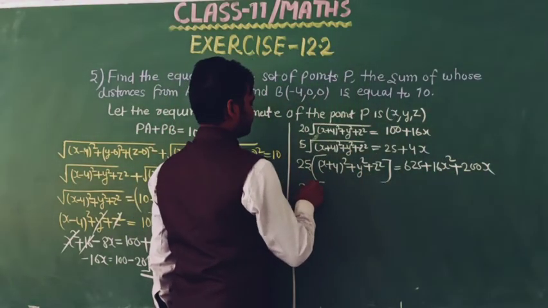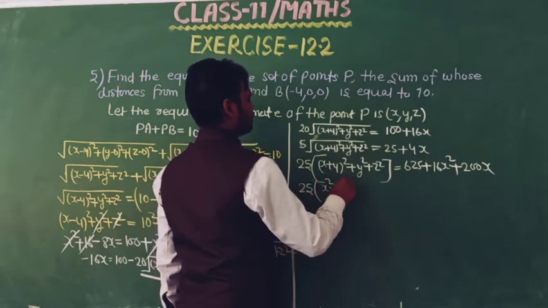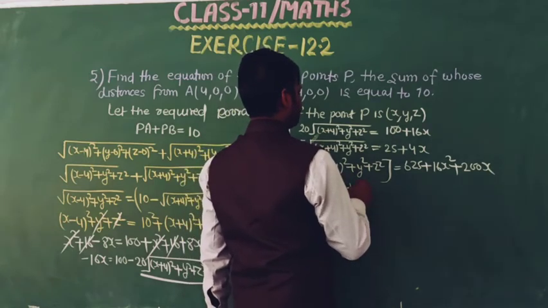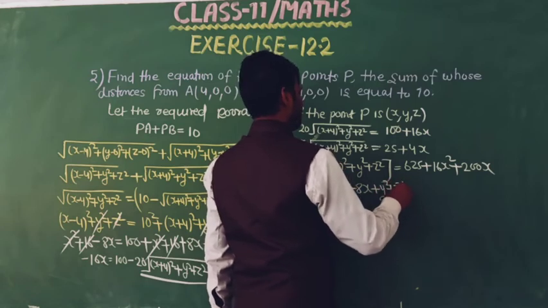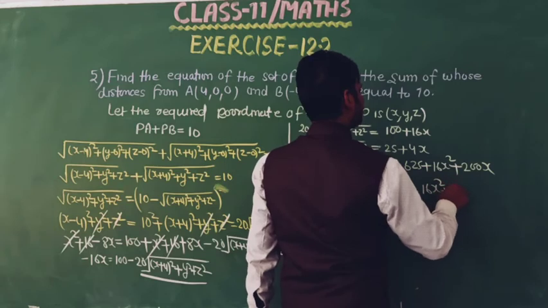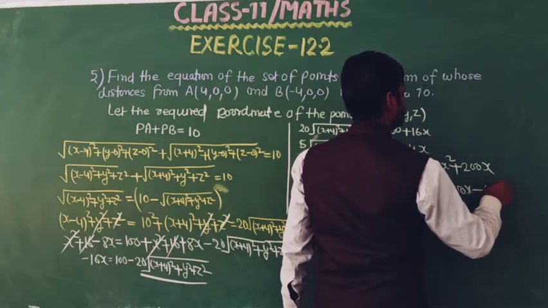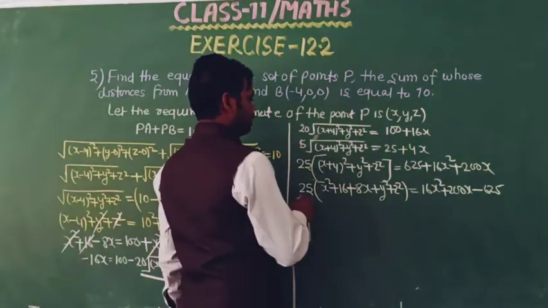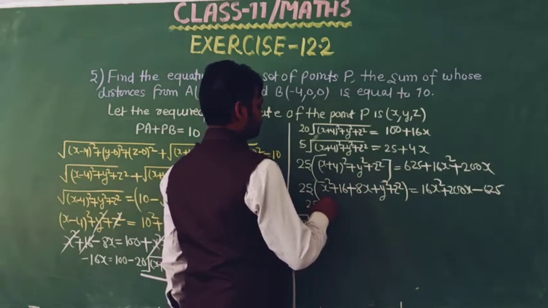So this is 25 times x square plus 16 plus 8x plus y square plus z square equal to 16x square plus 200x plus 625. Now multiply.